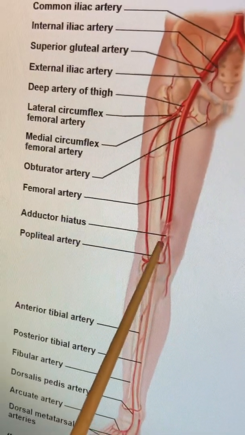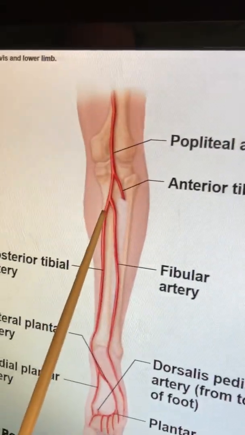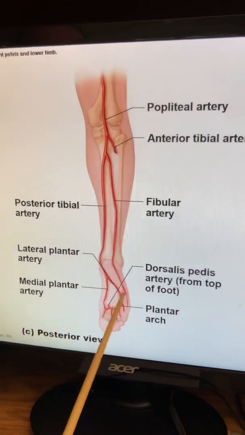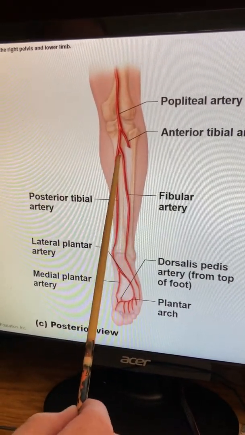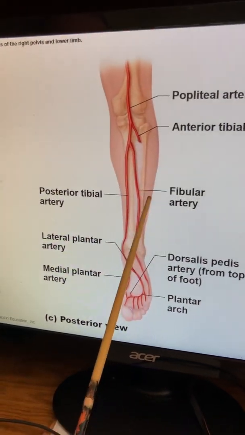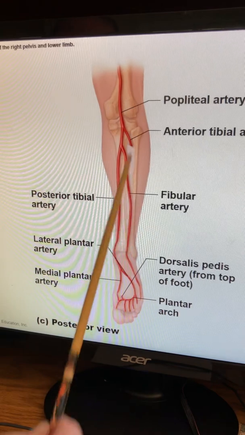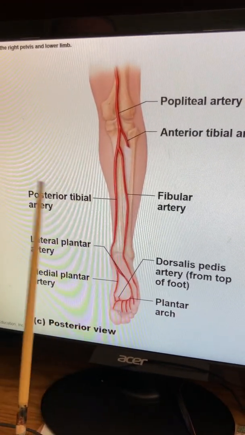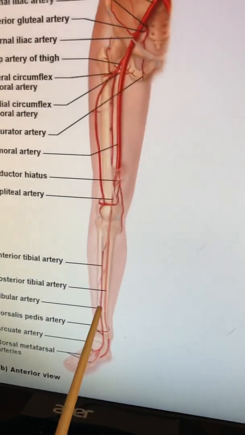As it goes down behind the knee here, it's going to follow down as the posterior tibial artery, which would go into the arteries of the sole of your foot. And before that, because you're going to have a branch that needs to go to the fibula, it's called the fibular artery. On the anterior side, which is shown close up here, is going to be the anterior tibial artery, which would then go down the tibia itself.